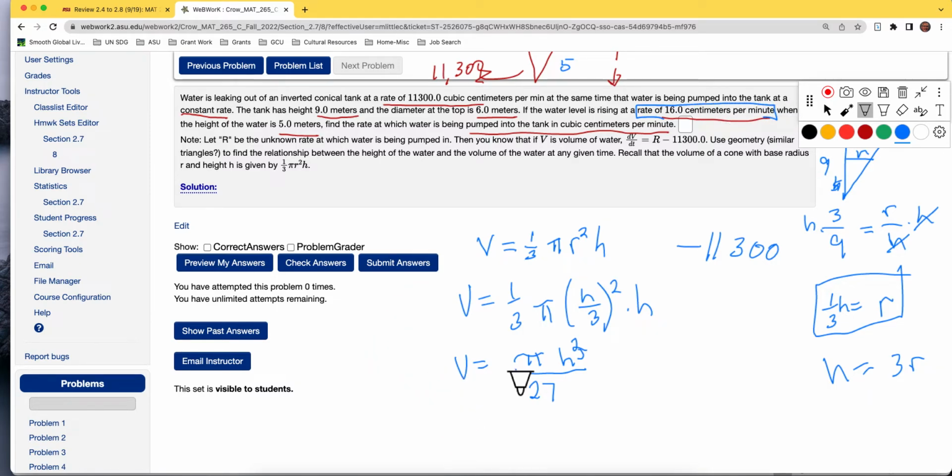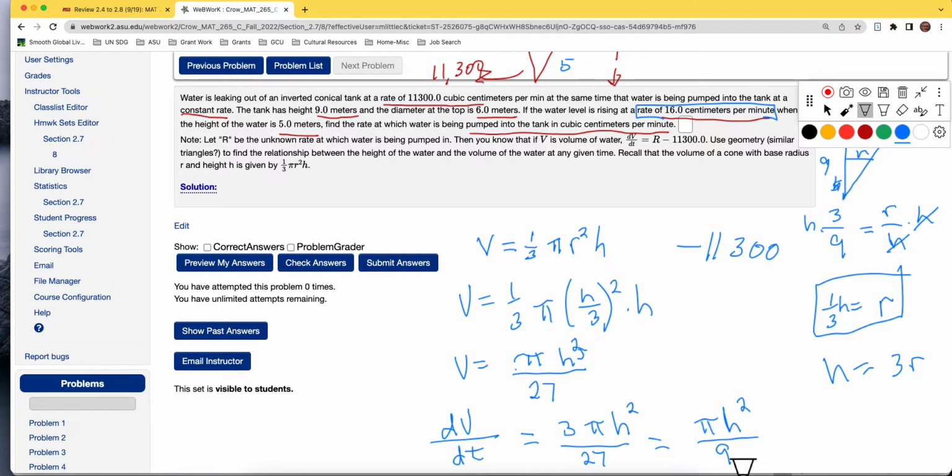We can take the derivative of both sides. dV/dt is equal to 3 comes down, so 3 pi h squared over 27. 3 and 9 can simplify, so you get pi over 9 h squared, right? 27 divided by 3.